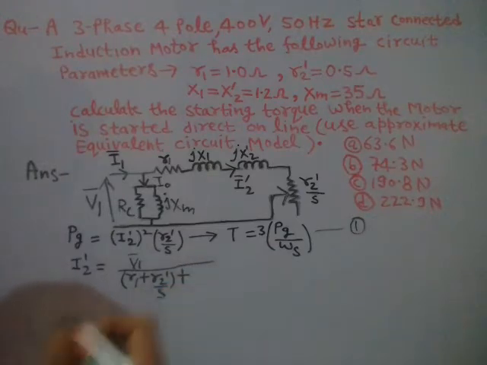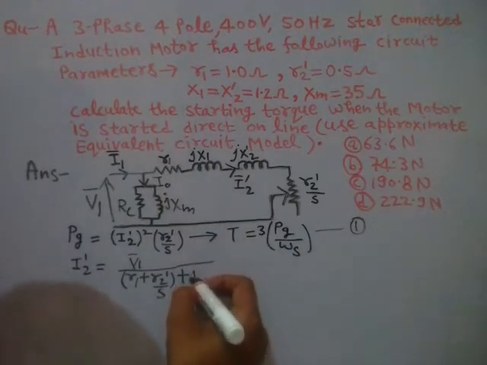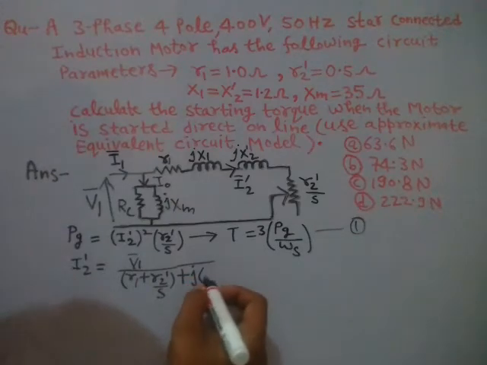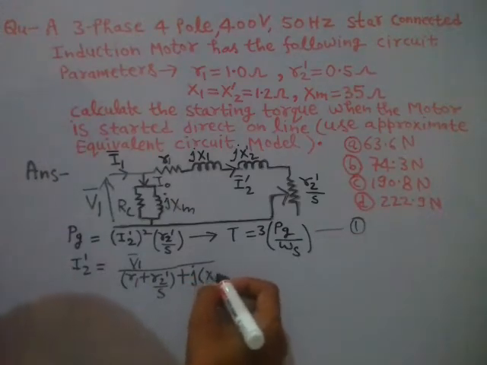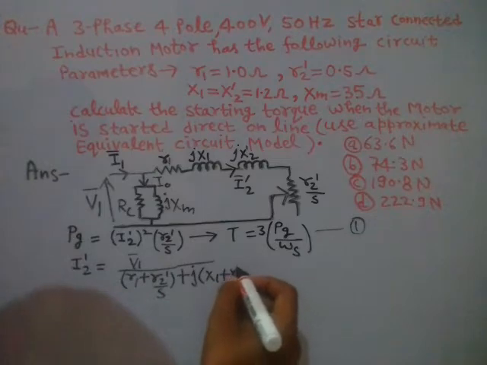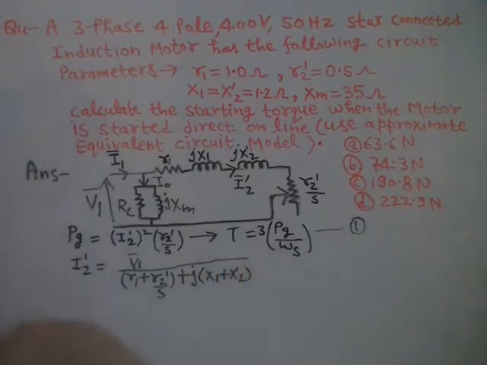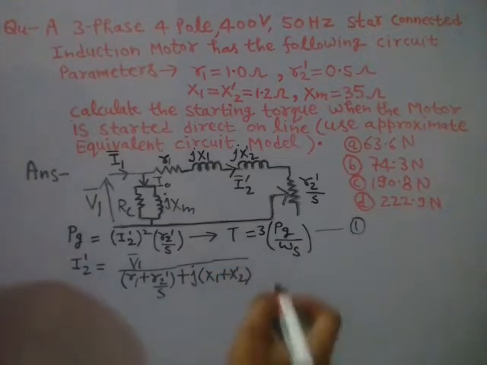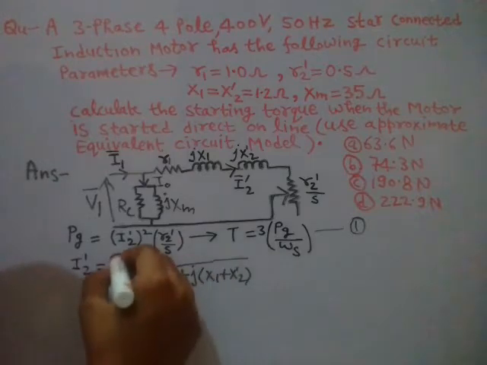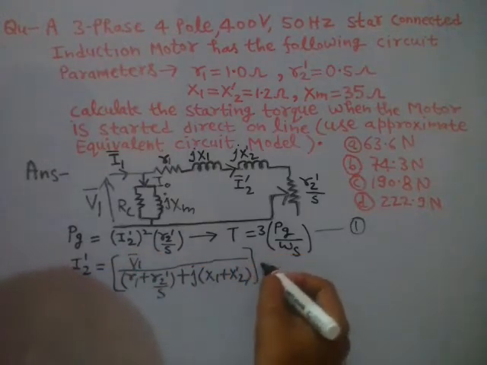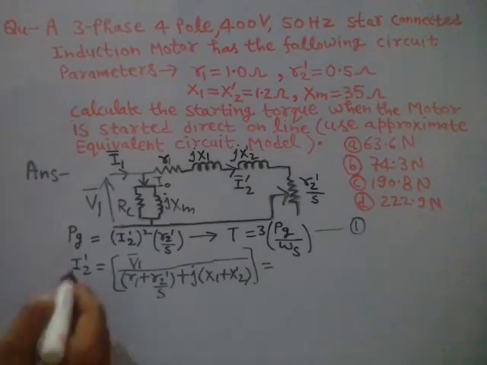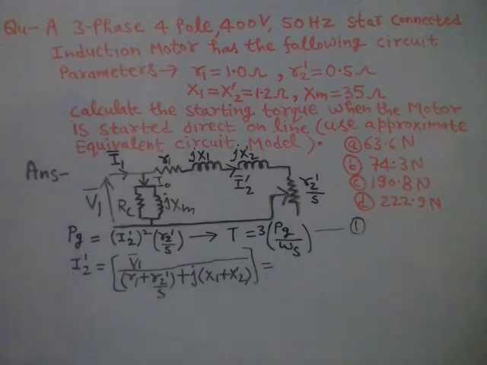This is the resistive part, and the reactive part is j times X1 plus X2 dash, right? So from here you can calculate the rotor winding current I2 dash.